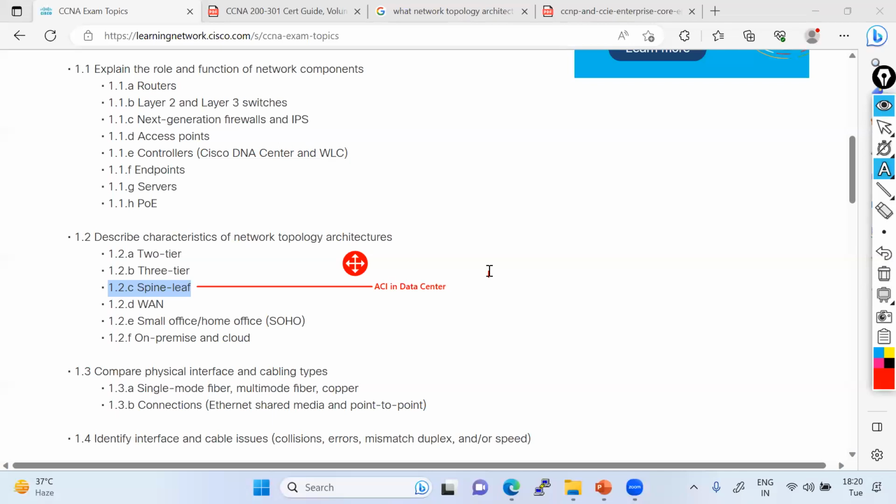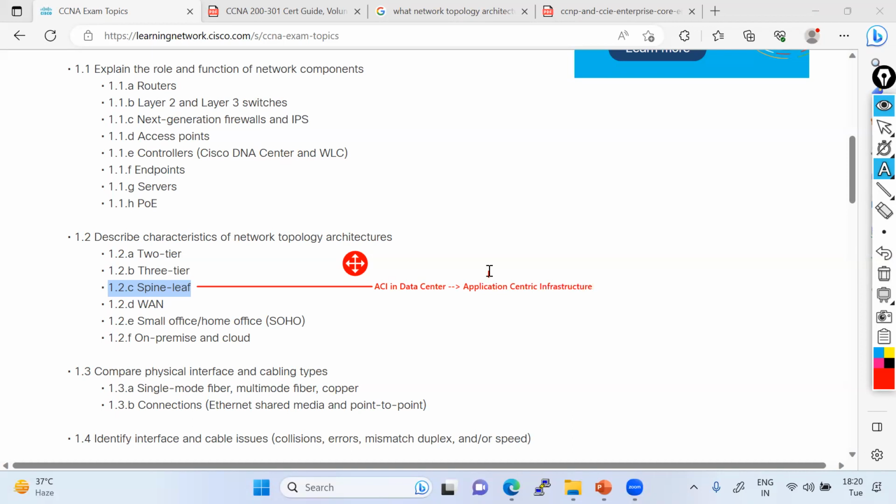Data center, right? ACI is application centric infrastructure.